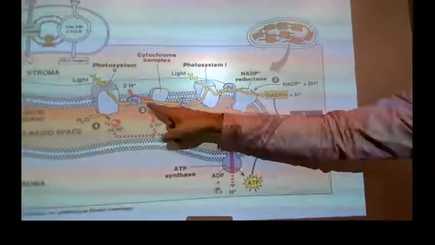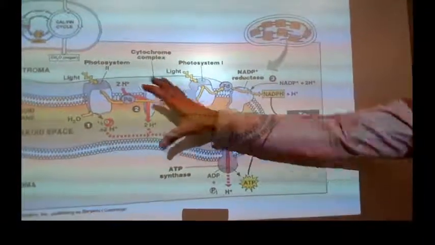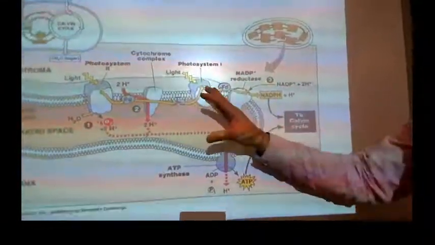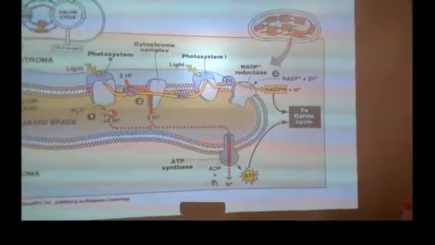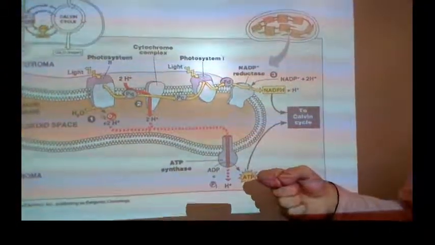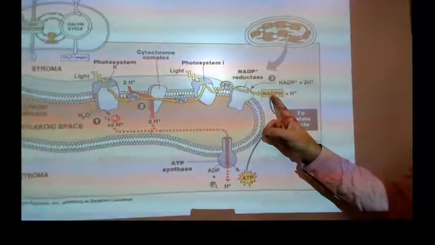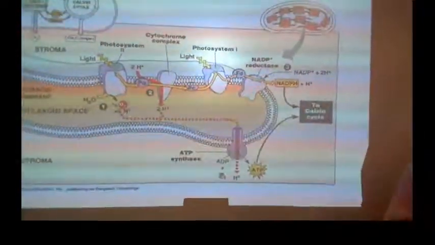Here we have some peripheral proteins that are going to work in the process too. Okay? So it's these proteins that are going to work together to use the energy from the sun to ultimately create ATP, NADPH, and oxygen.